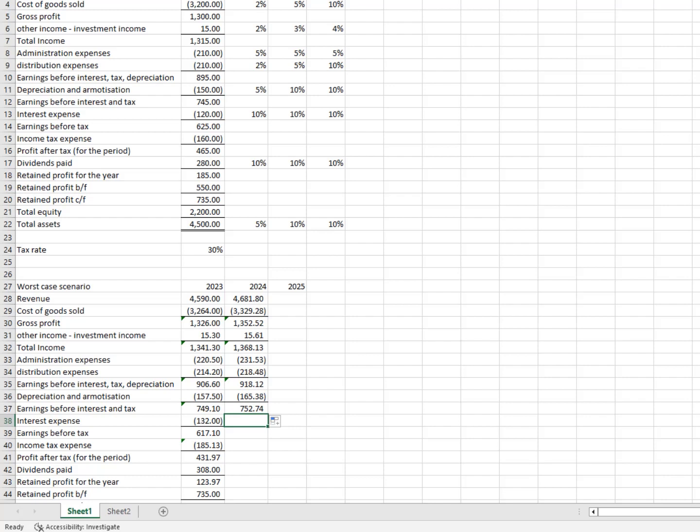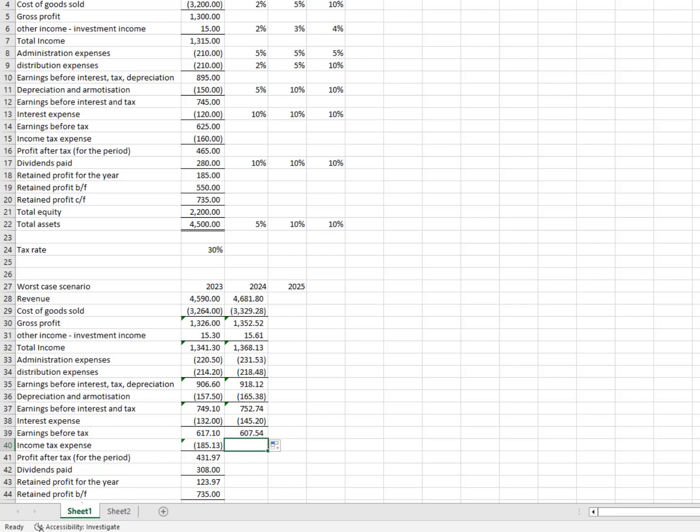For interest expense, hit equals previous period multiplied by, open brackets, 1 plus the growth rate for the interest expense, which is 10%. Close the brackets, hit enter. Again, earnings before tax, drag it and it calculates for you.